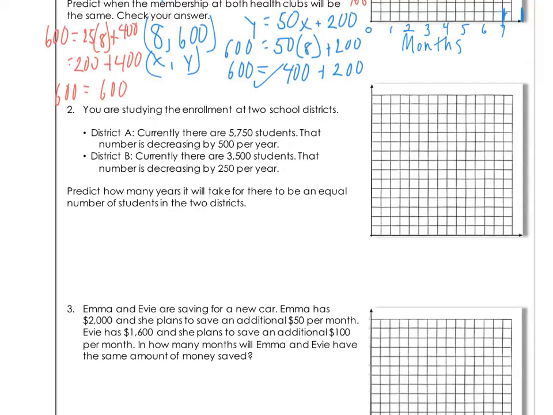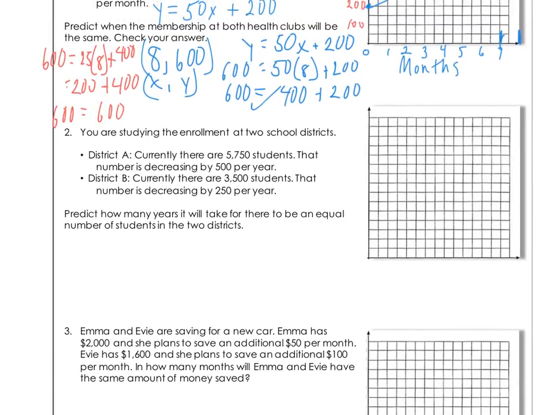We're going to give 2 and 3 a shot, right? If you want to, though, I know we're running a little bit short on time here. If you want to pause the video, give it your best shot on A and B, in terms of writing them and solving them. Again, on this next one, let's say every square here, this is going to be years when we graph.